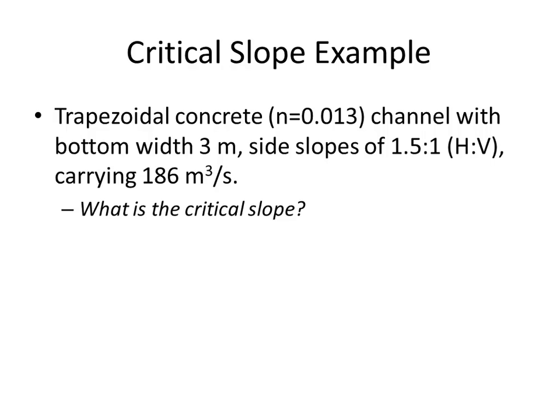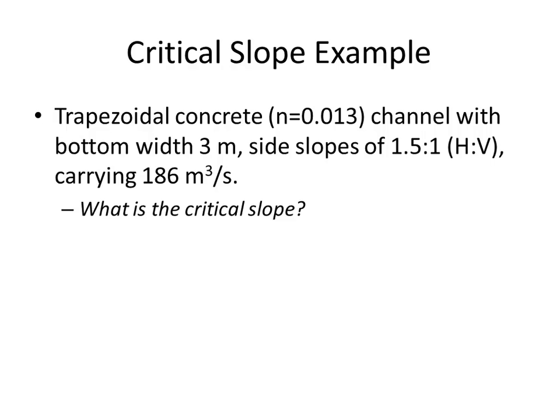Critical slope. What governs the actual depth that it's going to flow at is the slope. And the critical slope is that slope that ensures that a critical depth is achieved in the channel.